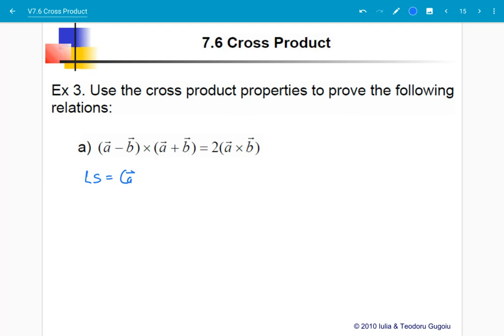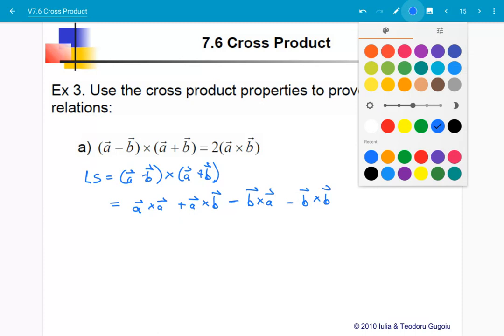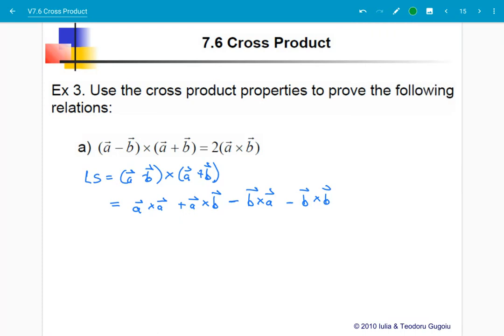So A minus B crossed with A plus B, and distributive property holds. So when we expand this out, we get A crossed with A plus A crossed with B minus B crossed with A minus B crossed with B. Now, any vector crossed with itself gives you 0.